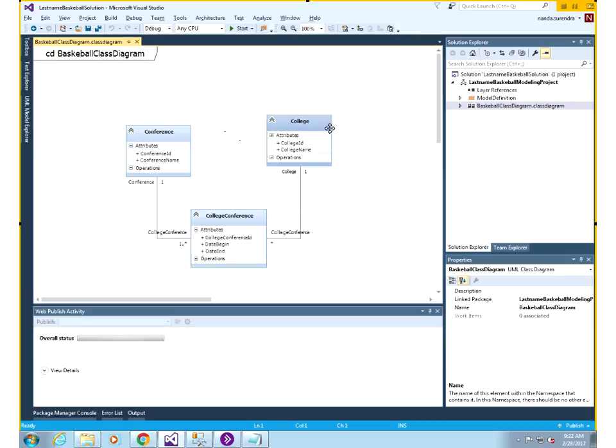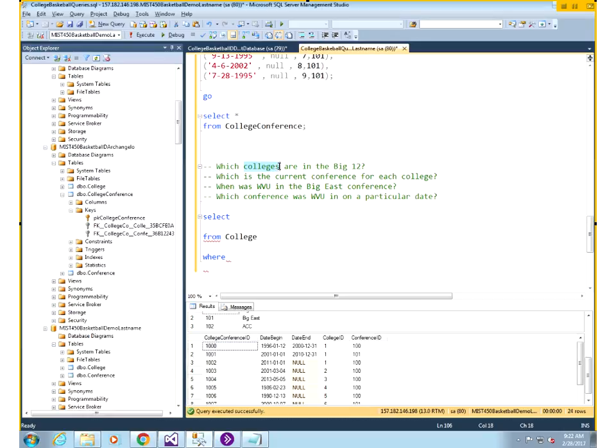Well, we need college name, so that's which colleges are in the Big 12. So we would want to include college because this has the college name for display purposes. And what else do we need to include?